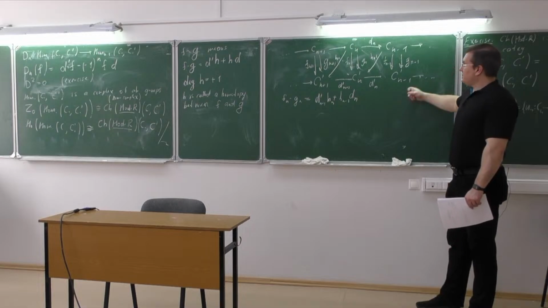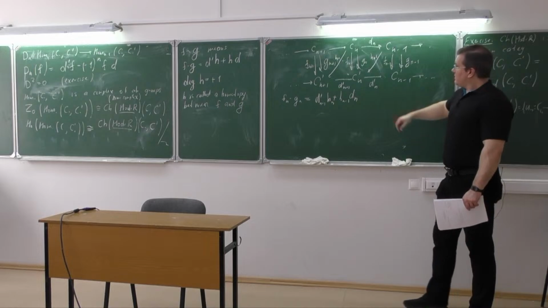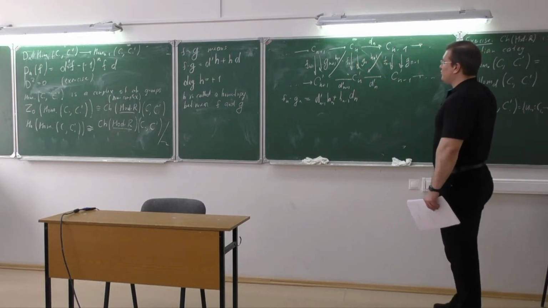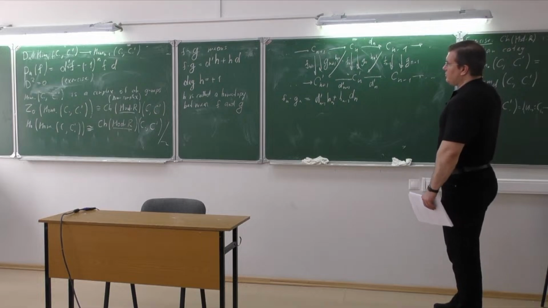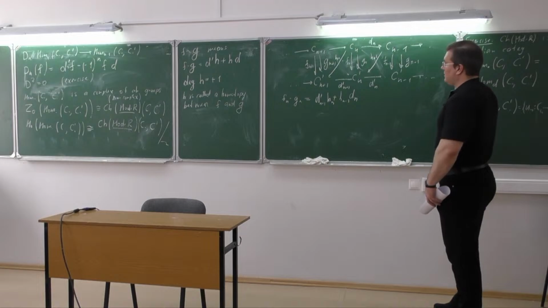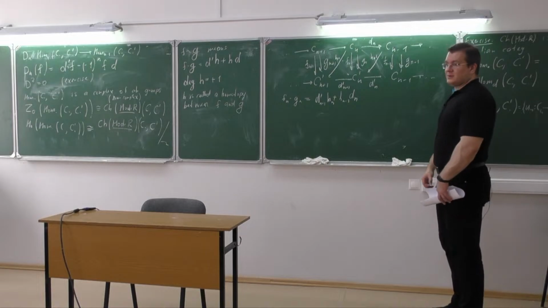So this is how you can see homotopy between two chain maps on the picture, and also this picture is helpful to check that the degree of H is correct. Otherwise this equation doesn't make sense.